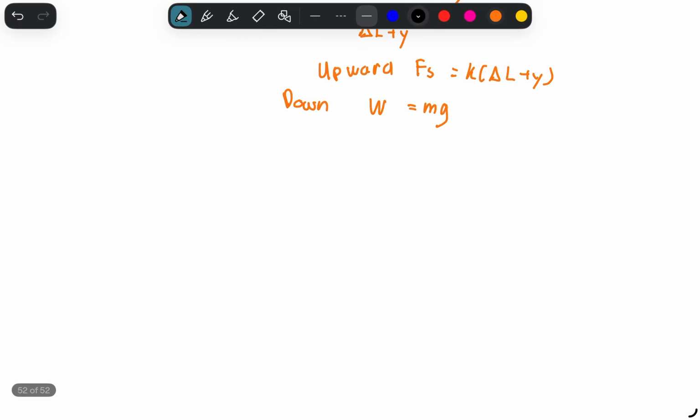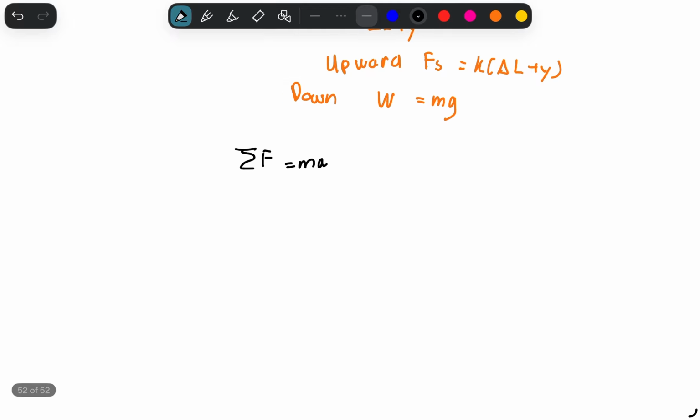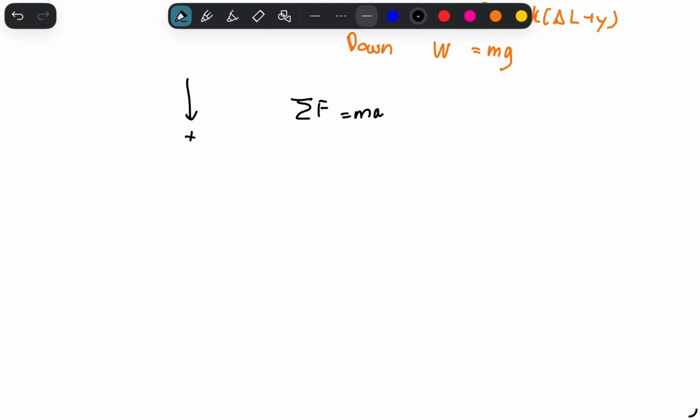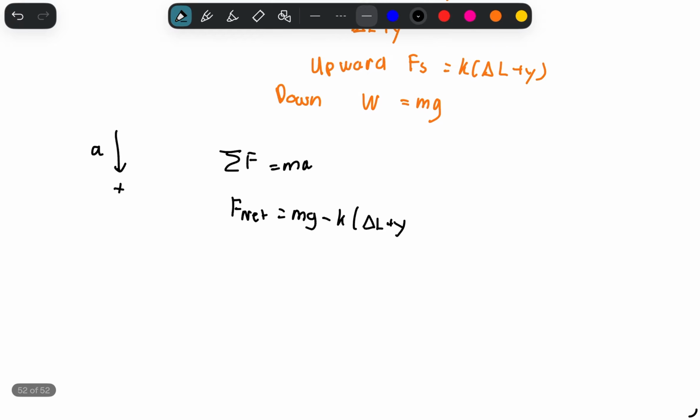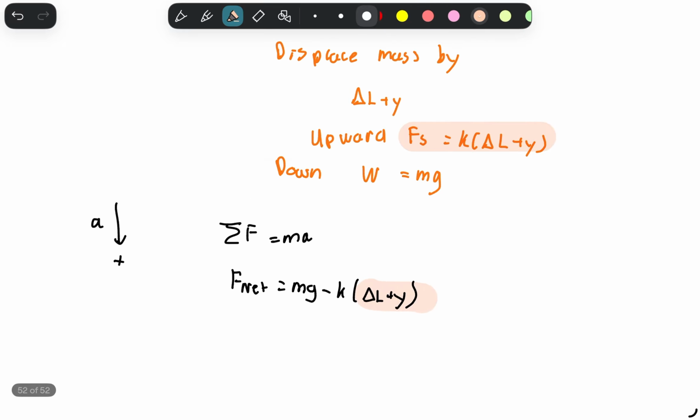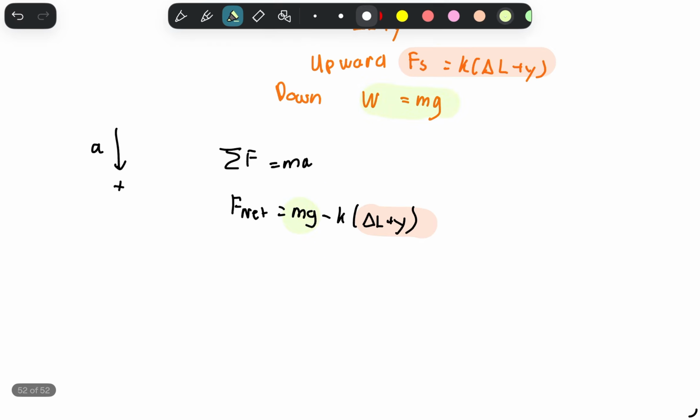So if we write our net force, we're going to make downward positive because this is going to be the direction of our acceleration. So then we would say that F net is equal to mg minus k times (delta L plus y), because this is our spring force, and our weight is that mg.